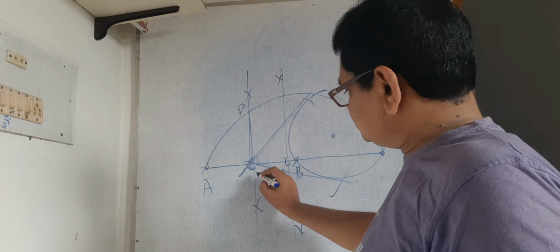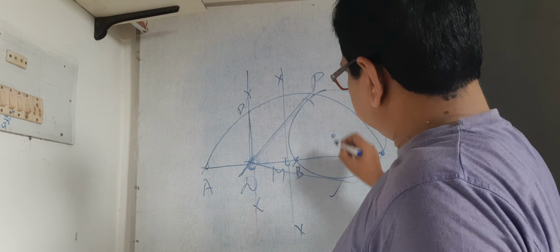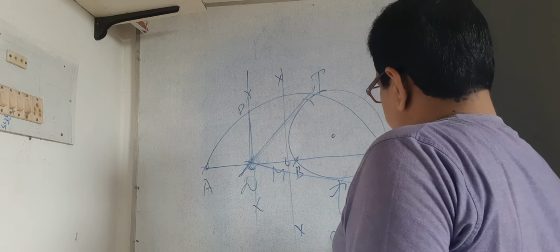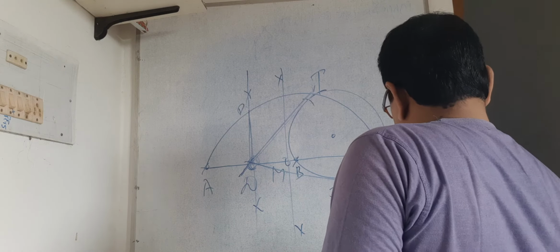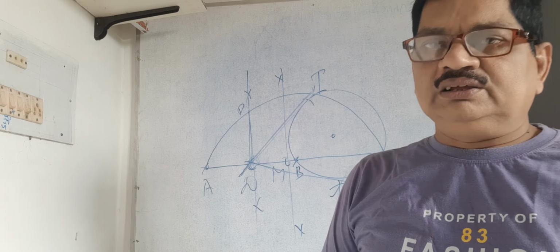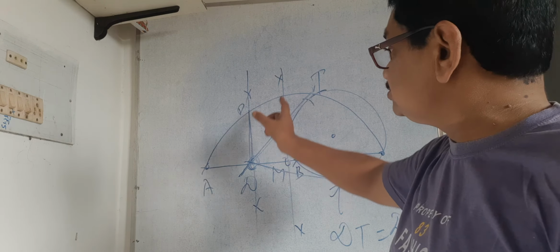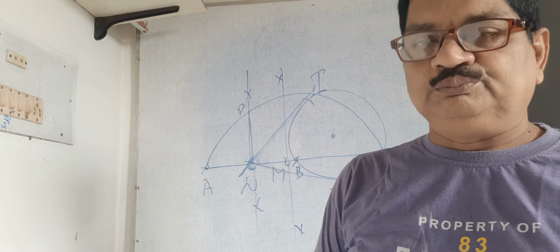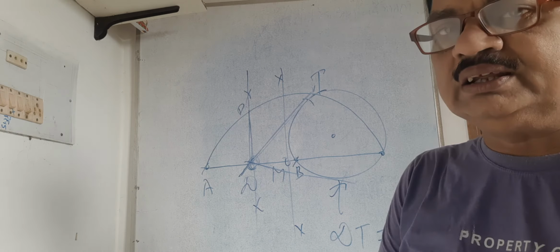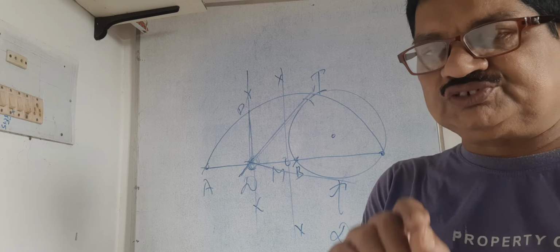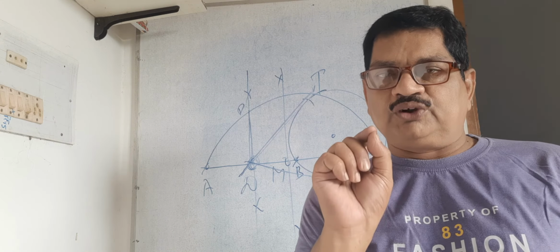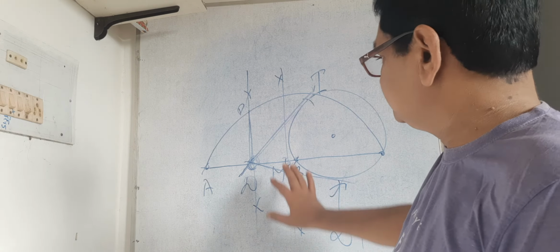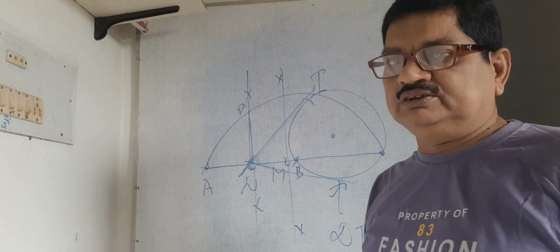Means required tangents are DT and DT dot, and both are equal, because we know from geometry that tangents drawn at the circle from a point outside the circle are equal together. So here DT and DT dot are both equal.